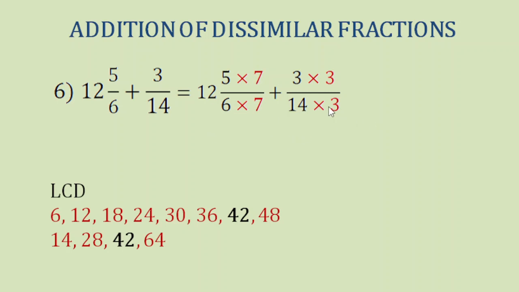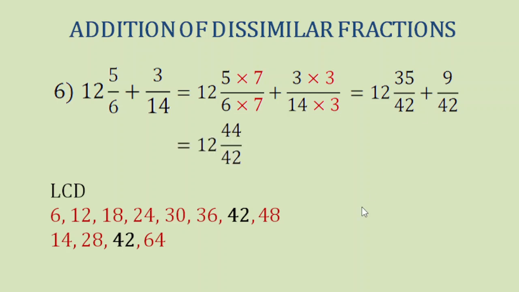Simplifying these parts, we get this. Now we only have one whole number part here, and the common denominator is 42, so we can add the numerators 35 and 9, so that will give us 12 and 44 over 42.